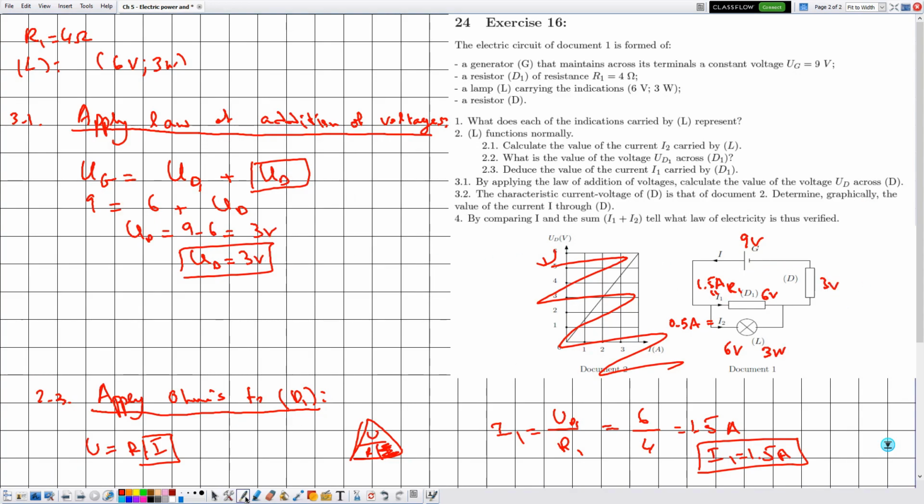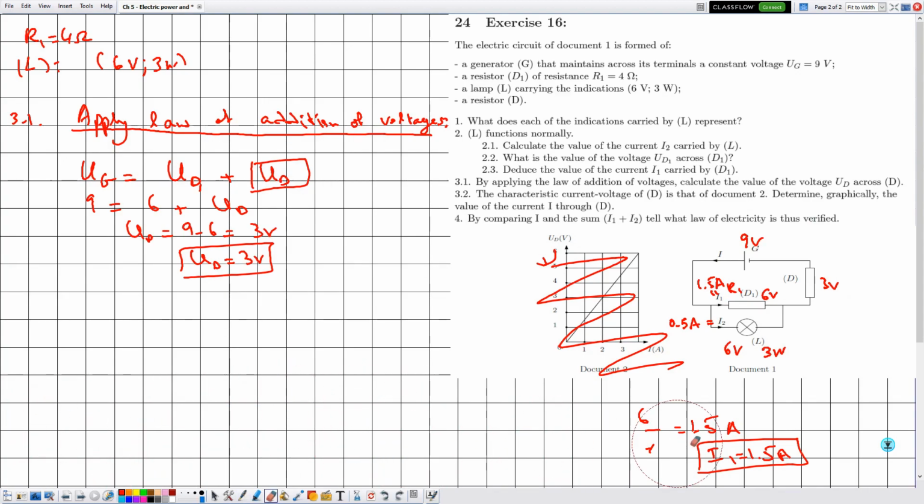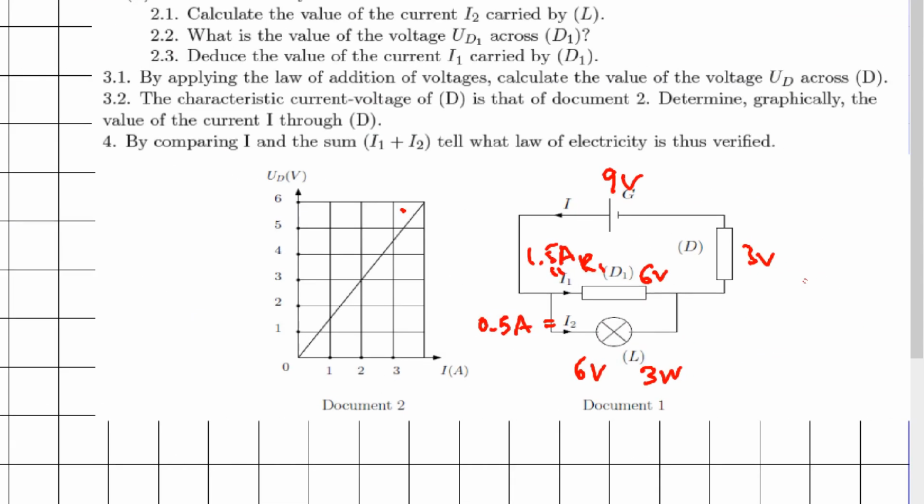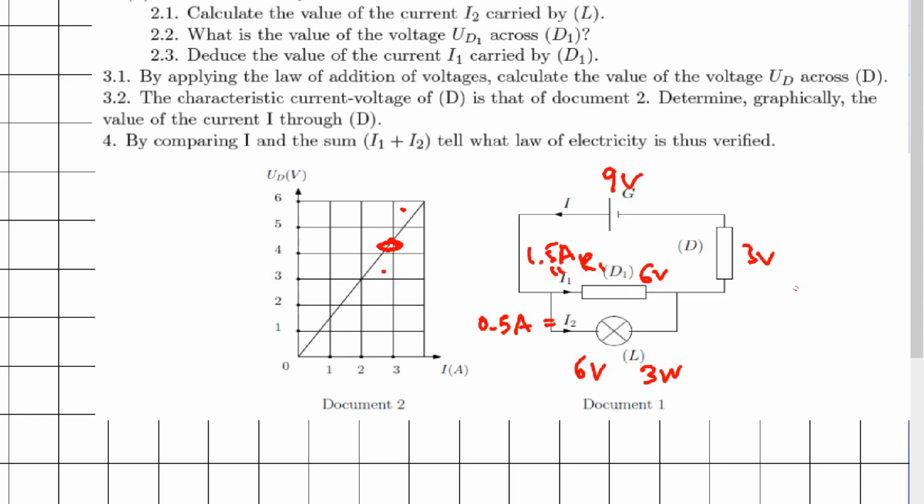Now in 3.2 they are telling me the characteristic current voltage curve of D is that of document 2. So they mentioned document 2, now we can use it. This characteristic current voltage curve corresponds to which electric component? To the battery, D1, the lamp, or D?